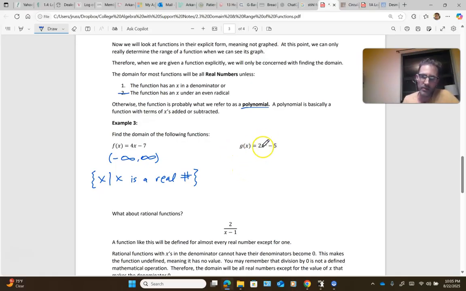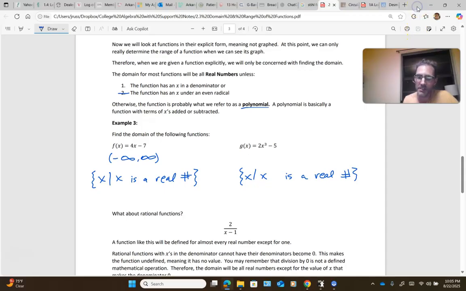And so that'll be the domain for this one as well: all values of x such that x is a real number. Any real number that you can think of, if you cube it, multiply it by 2, and subtract 5 from it, you'll get another real number. What that real number is just depends on the real number that you plug in for x.